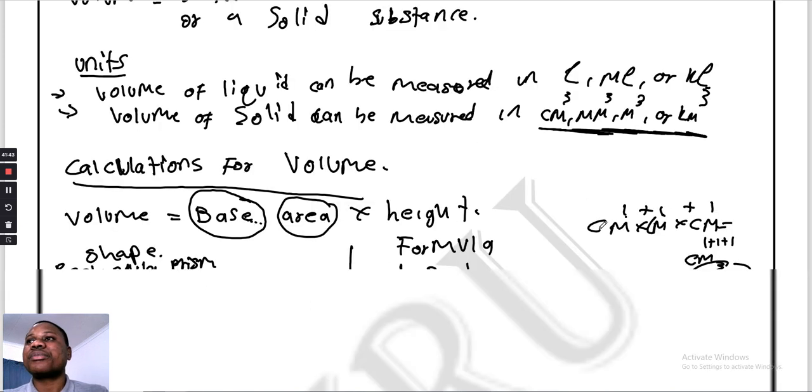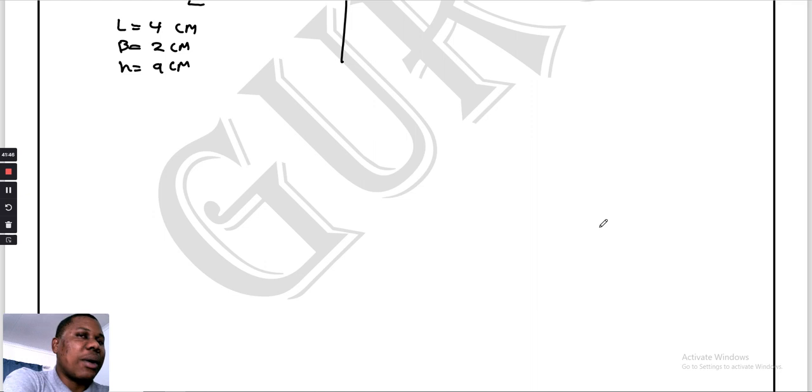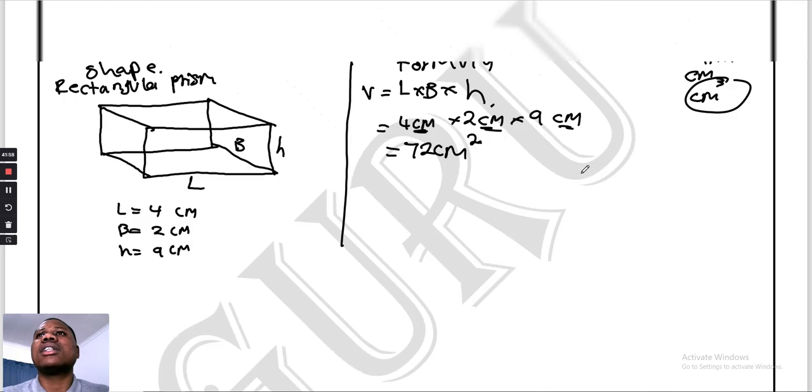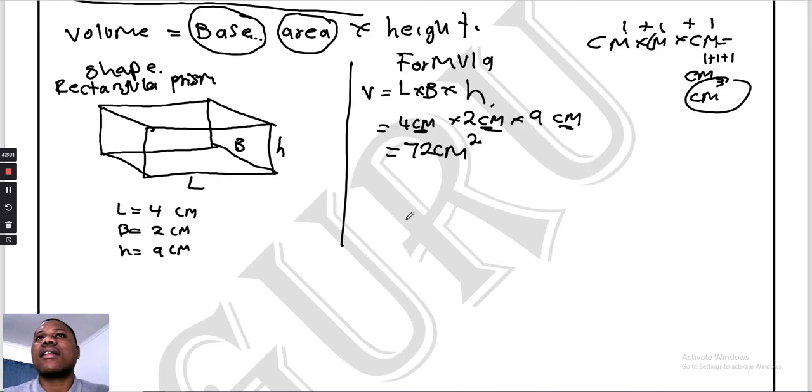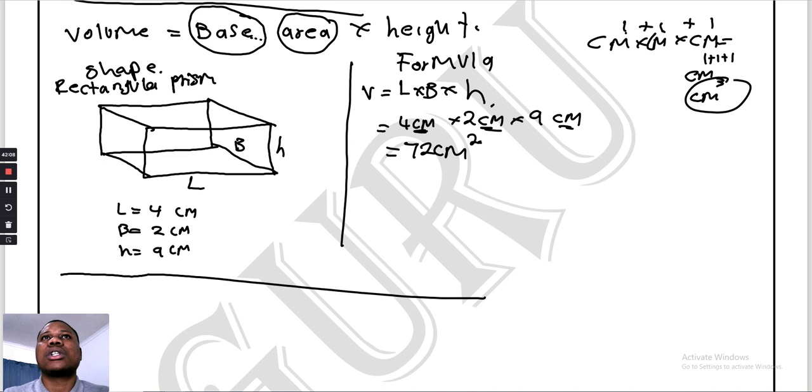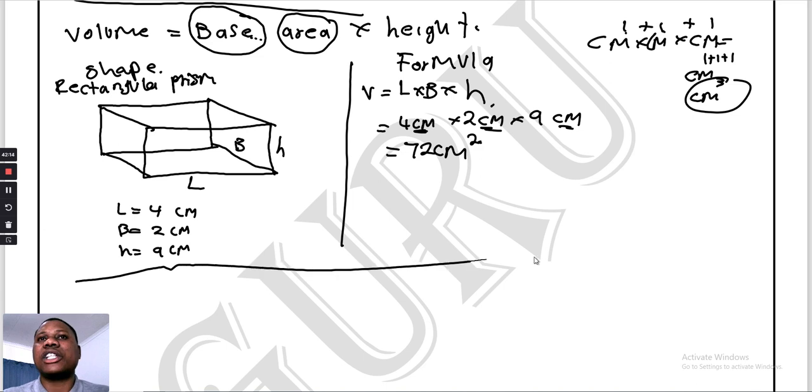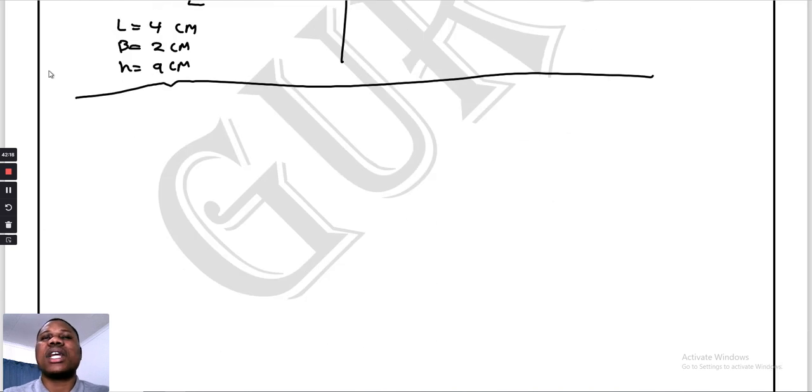Okay, now let's go check out our next shape here. The next item, we're going to have a cylinder again.